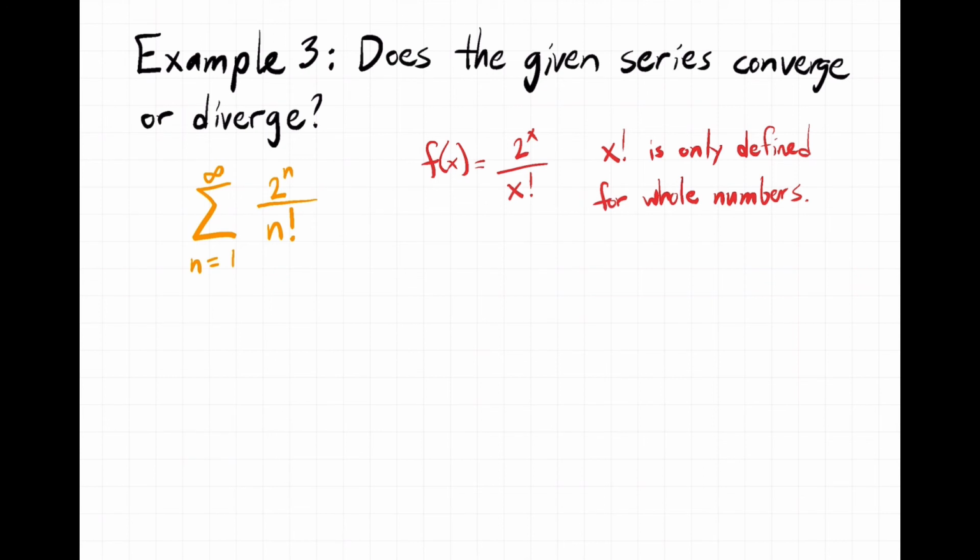X factorial is only defined for whole numbers. It is not even defined for fractions, irrational numbers, and anything else, so it is certainly not continuous. So this whole function is not continuous.